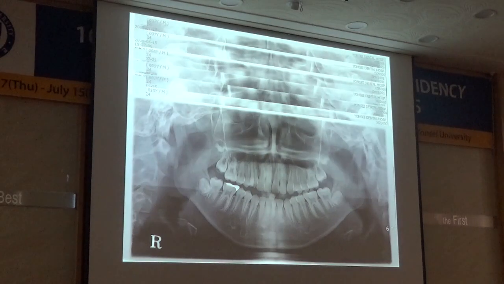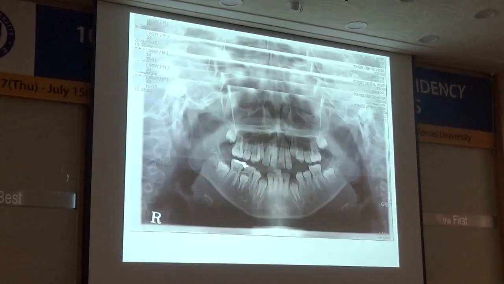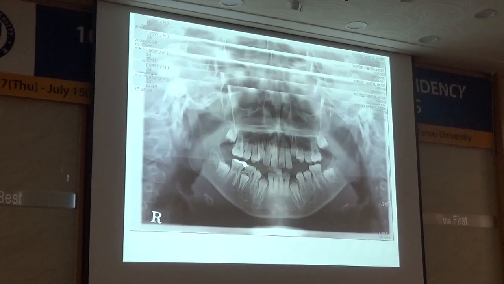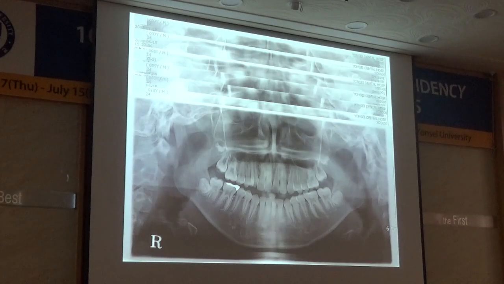But you have to keep in mind that when the right side canine came out, on the left side canine there is another cyst. So we removed these two teeth and decompressed the cyst, and then the canine came out.